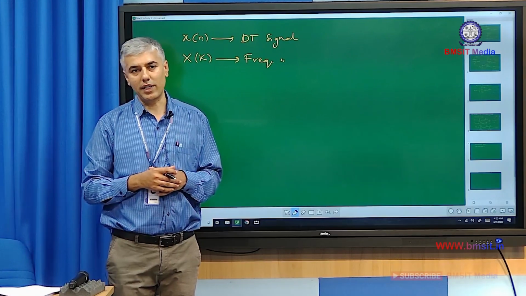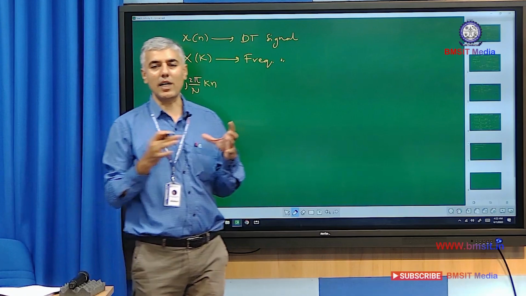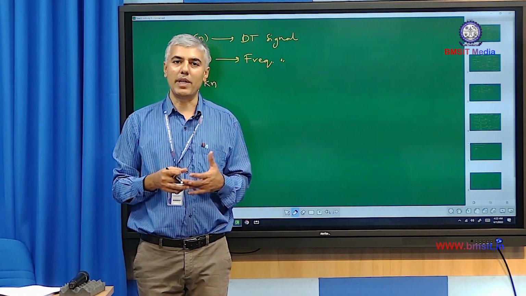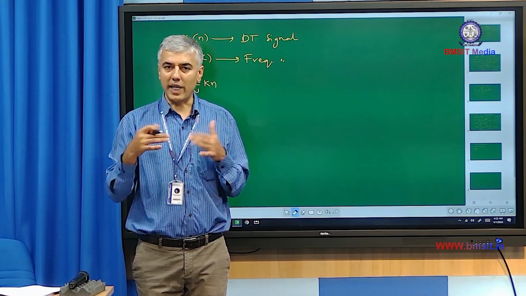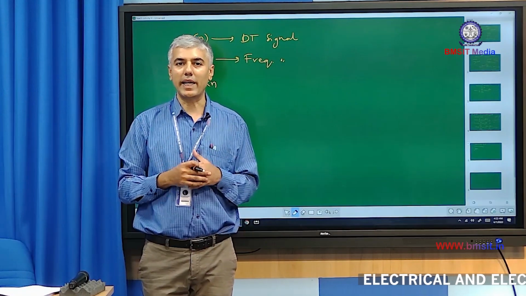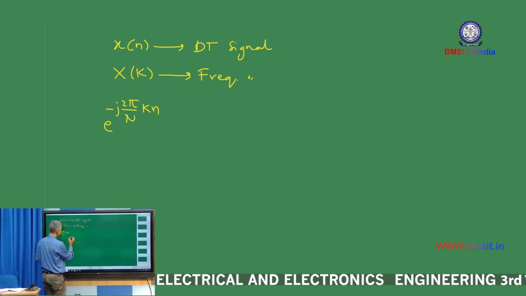Now, you can observe in your textbooks that while representing the term e raised to minus j 2 pi by N k n, there are so many terms associated with this factor: the exponential term, the negative j operator, 2 pi, divided by N, multiplied by k n. All this representation is simplified in this form.